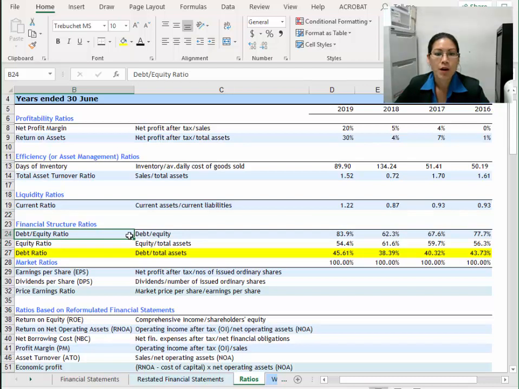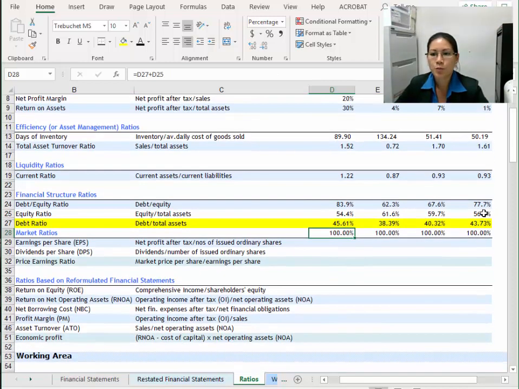So debt equity ratio compares one to the other. The equity ratio tells you the percentage of the total assets that are funded by equity, and the debt ratio tells you the percentage of total assets that are actually funded by an outsider, so a bank most likely. And if you add the debt plus the equity, you should get back to 100%. Okay, so it looks like Wesfarmers has been fairly consistent on those fronts anyway.